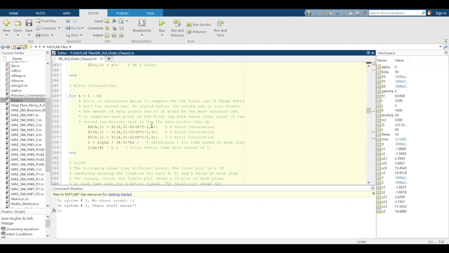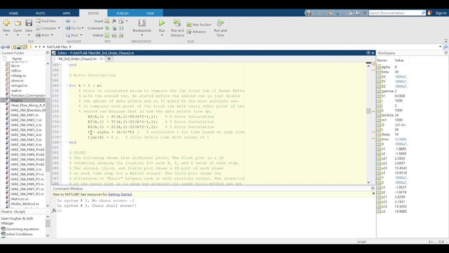What we want to do is compare the first x1 to the first x2, but then compare the second x1 with the third x2, because those are the ones that are going to line up. So we want to compare points that line up, and that's the reason why we have this portion right here: that is how we determine what lines up with the next value for x1.